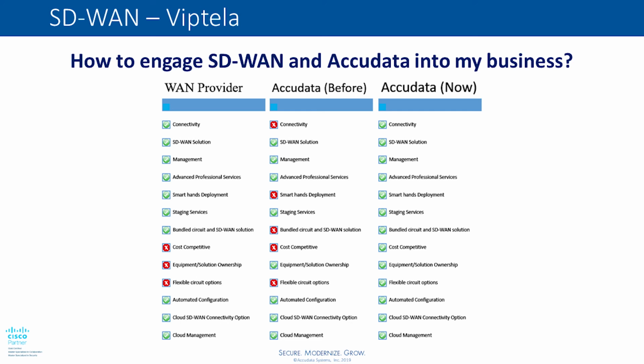Nowadays, with Accudata, you can engage Accudata into your SD-WAN business by having Accudata control your WAN circuits, your smart hands deployment, making cost competitive solutions for you, and of course adding the MSP on top of all the SD-WAN solutions. So you can be covered by Accudata all the way from the SD-WAN solutions, your internet circuits as well, plus the MSP team to manage your SD-WAN solutions as well.